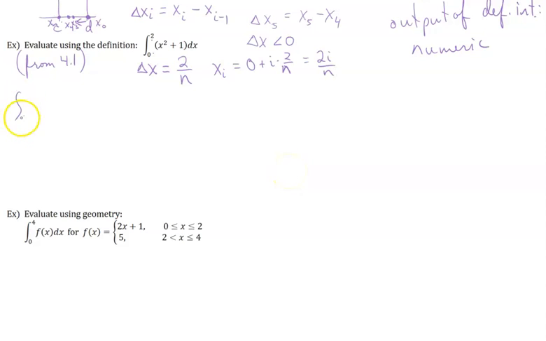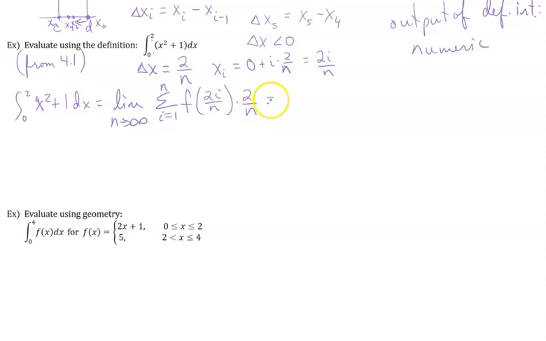Okay, so this integral, 0 to 2 of x squared plus 1 dx, is equal to the limit as n approaches infinity of the sum from 1 to n of f of x sub i, which is 2i over n, times delta x, which is 2 over n.